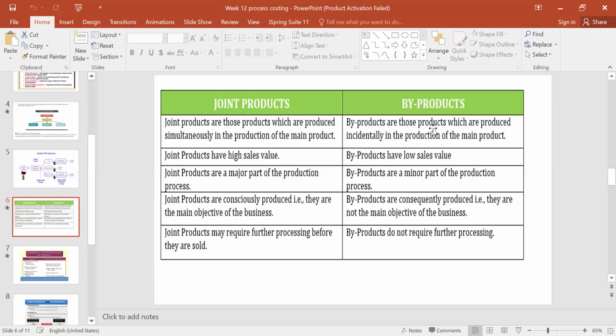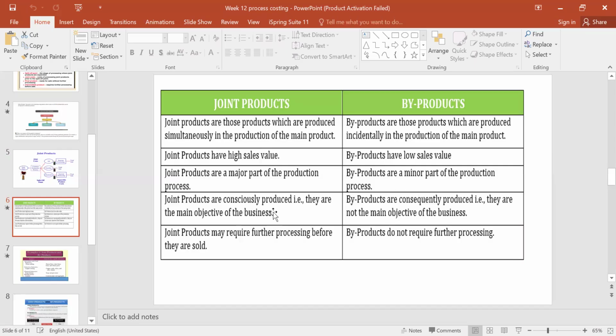Joint products are those produced simultaneously in the main production. Byproducts are those produced incidentally. Joint products have a high sales value; byproducts have a low sales value. Joint products are a major part of the production process; byproducts are a minor part.